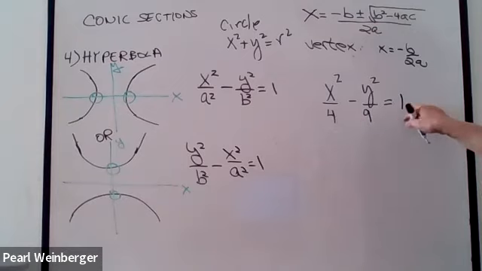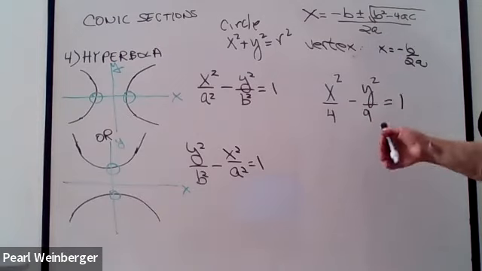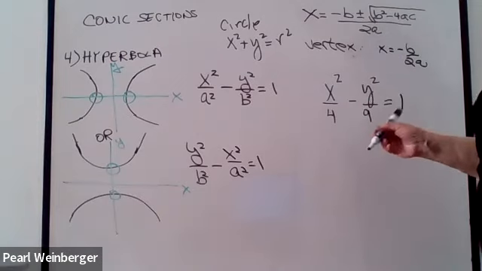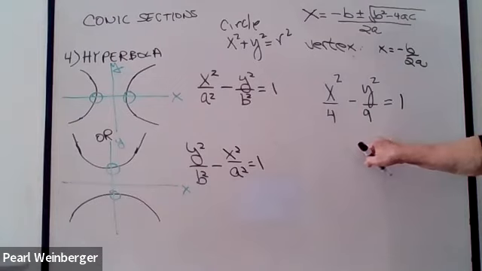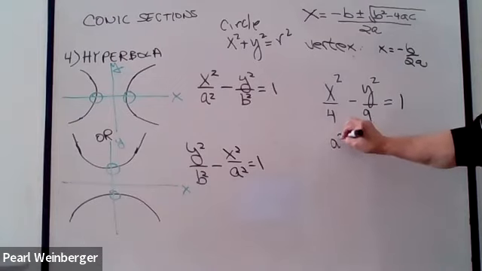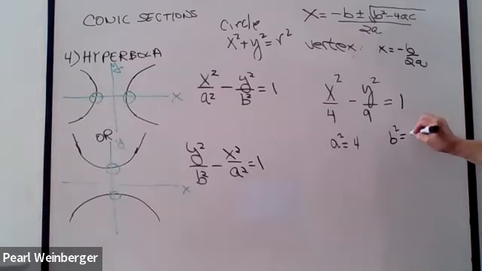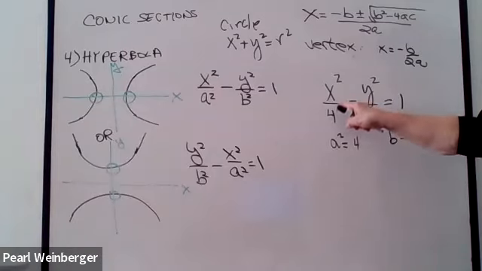If it's not equal to 1, then we have to put it in standard format just the same way we did with the ellipse. But this is already in standard format, which is telling me that my a squared is 4 and my b squared is 9. Now, look at it.